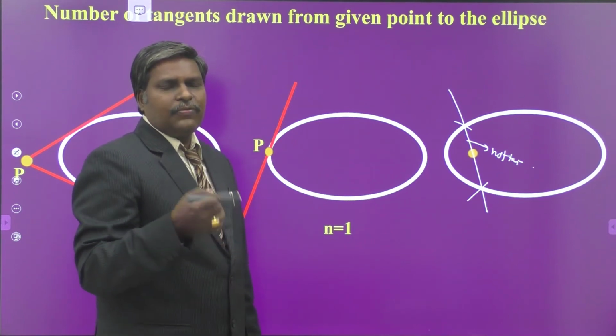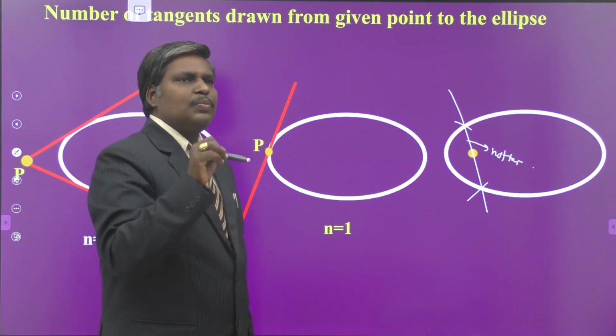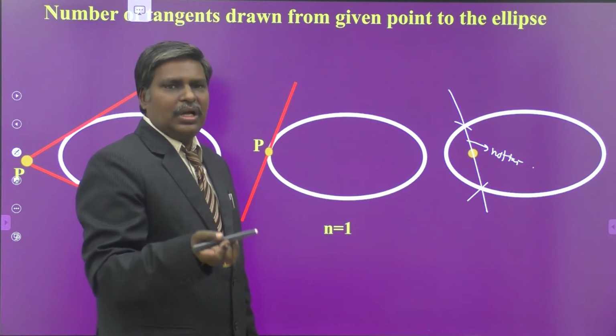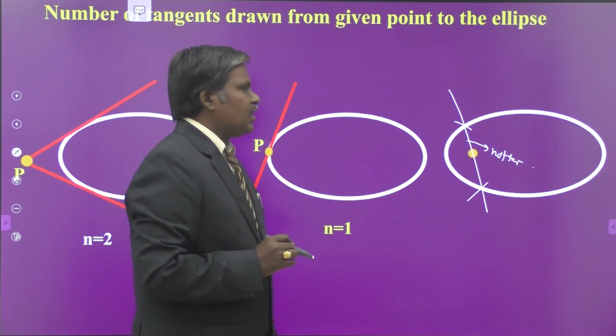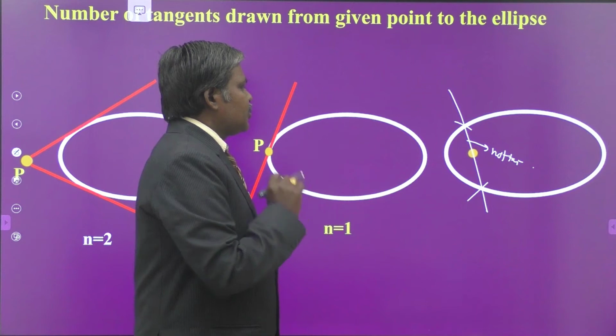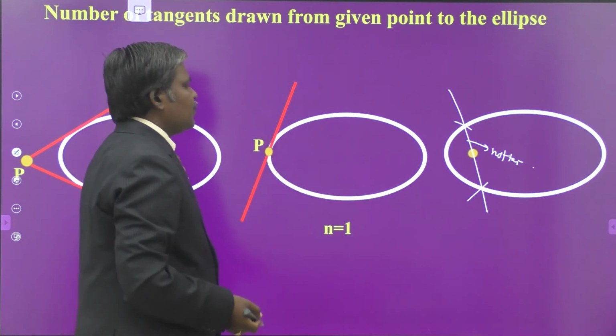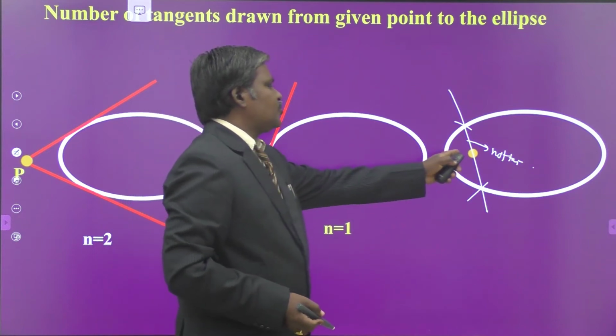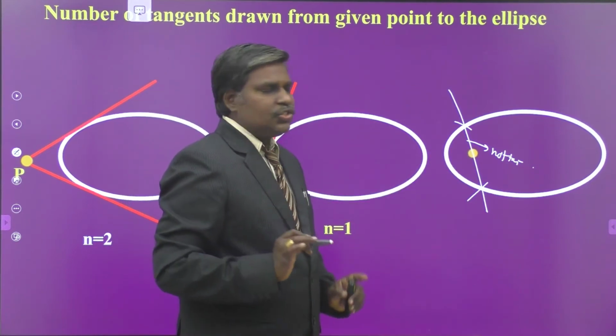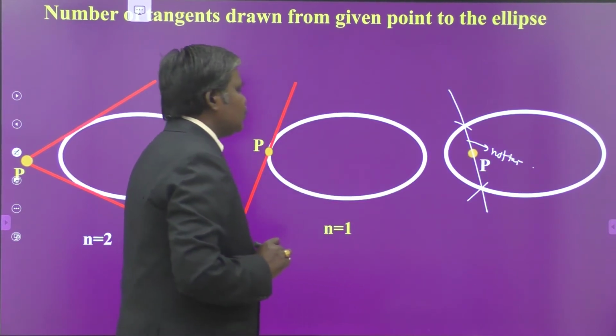In third degree or fourth degree equations, the tangent at some point may intersect your curve elsewhere also. But as it is a second degree equation, the line must touch at only one point like this. Then only that becomes tangent. So the number of tangents drawn through this point is 0 here.